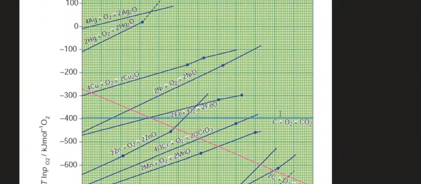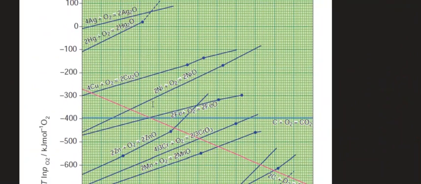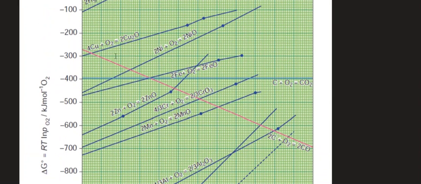Whenever you are asked about the thermodynamic principle of metallurgy, you should be aware of this great Ellingham diagram. Based on this diagram, we are able to infer the temperature at which we can process a particular metallurgical operation, and the reducing agent to be used.